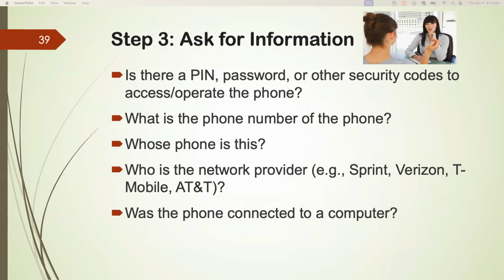Sometimes a company can buy a phone and then distribute it to their employees, right? Or they can buy SIM cards in a package and distribute them to the employees for business purposes. So you have to collect all the information on who's the user and who's the owner, because it is not always that the user is also the owner. Sometimes the owner and the user are different. So make sure that you collect all the information about the phone, the SIM, the network provider, the user, the owner, and everything else.